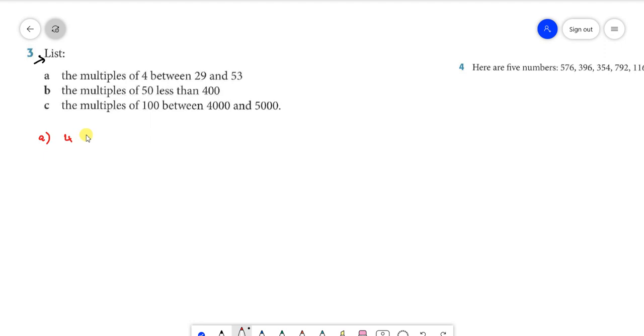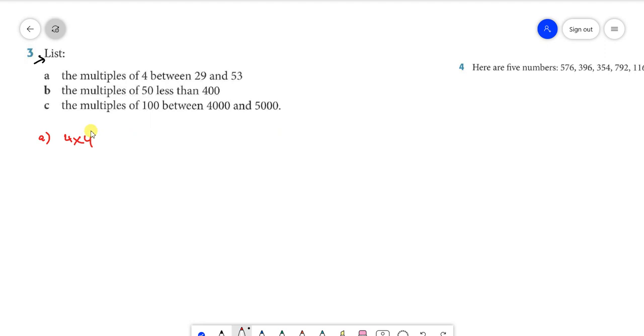So we know 4 times 1 is 4, 4 2s are 8, 4 3s are 12, 4 4s are 16, 4 5s are 20, 4 6s are 24, 4 7s are 28. So we are going to start writing from there.